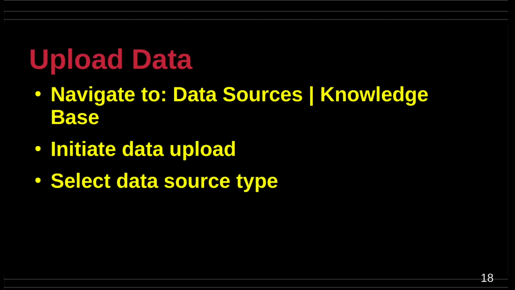Specify your data source type: upload files, web URLs, text input, or other connectors. Upload the data using the Upload Files option for files, or add or import web URLs for text.